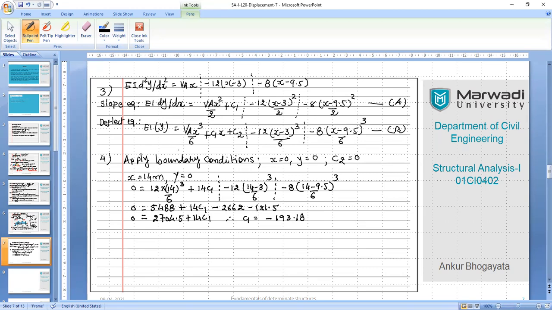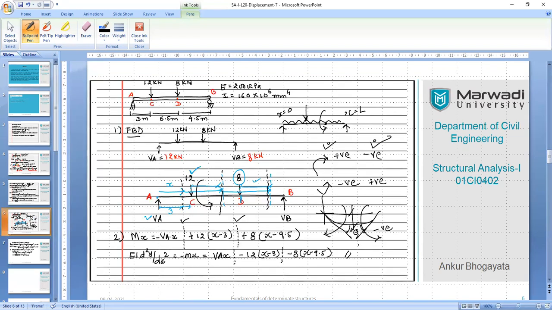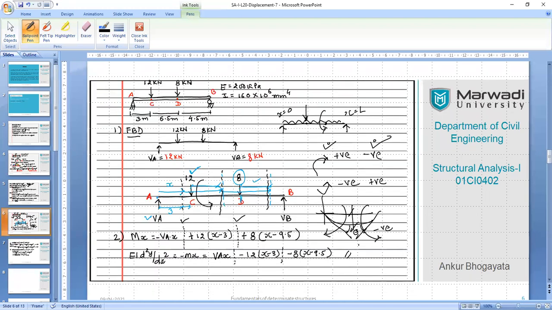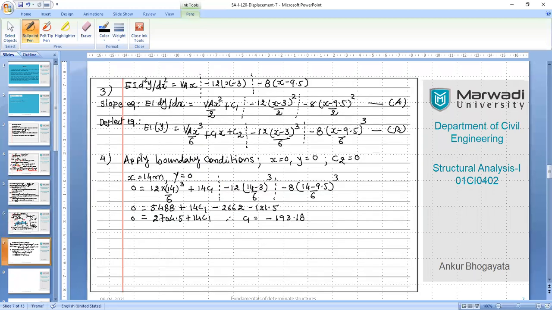So now if I need a slope, because the question was to find out the slope and deflection at point C, right? So here we should know the distance of point C from point A, that is 3 meter. So in equation A, we shall be using x equals 3, right?